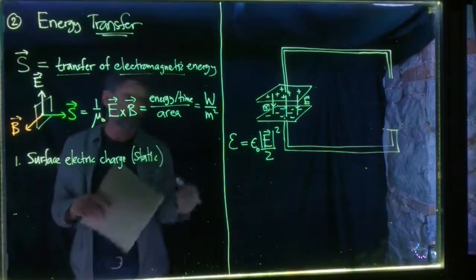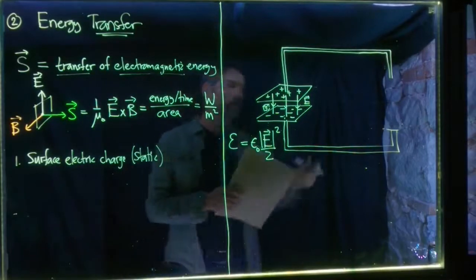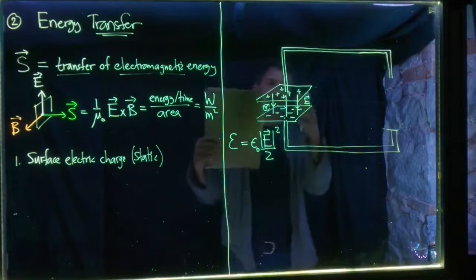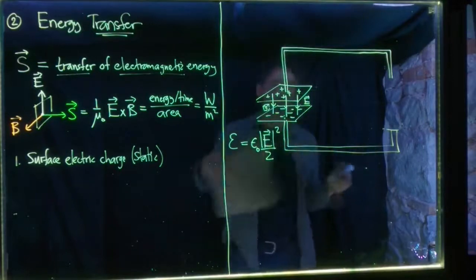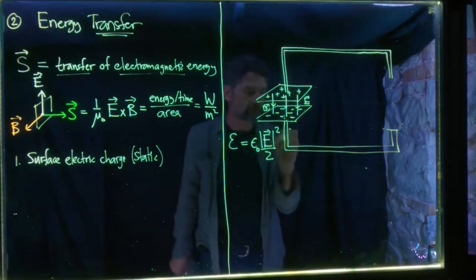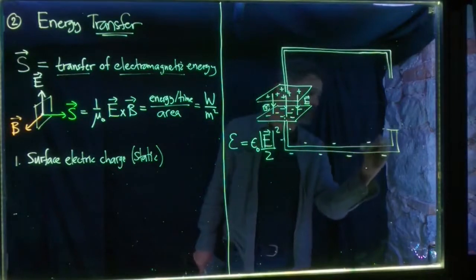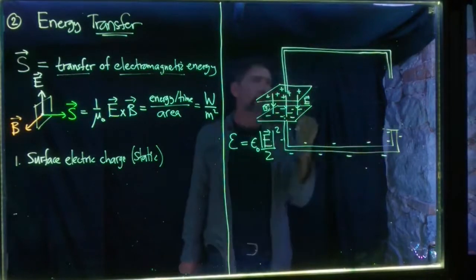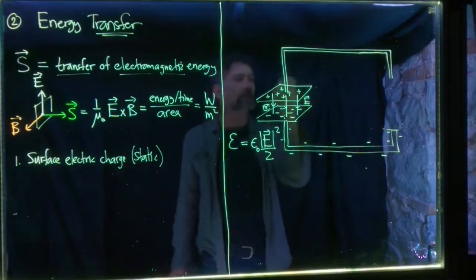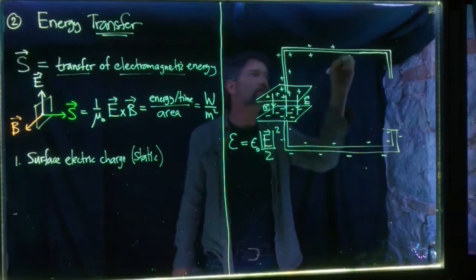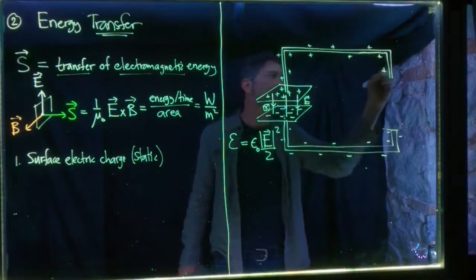It doesn't move around. So we attach these extra chunks of wire, and those electrons repel, and the bottom wire has a bunch of electrons sitting on the surface, and there will be a lack of electrons on the surface of this chunk of metal.